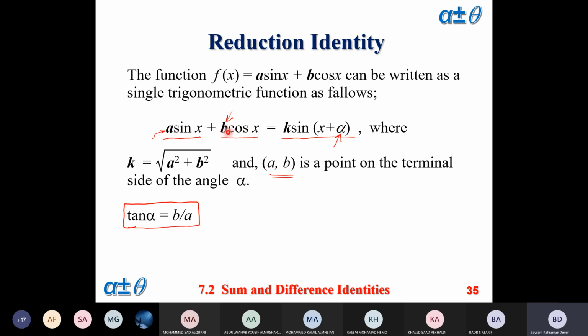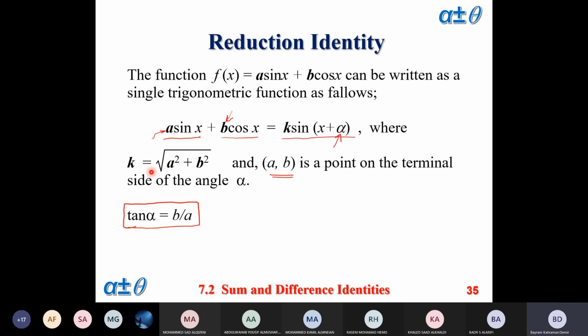And that can be written as k times sine x plus alpha. That is the difference. We have k here and we have the angle alpha here. So we just need to know how to find the number k and the angle alpha.